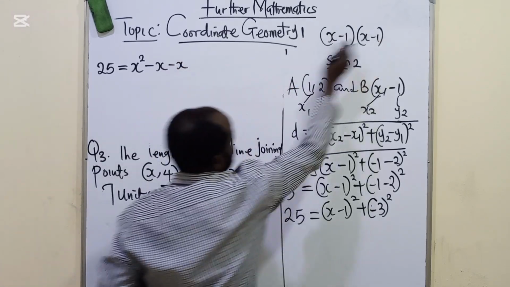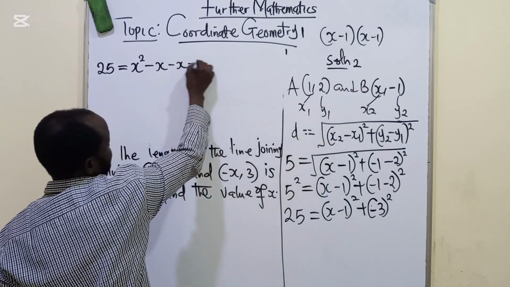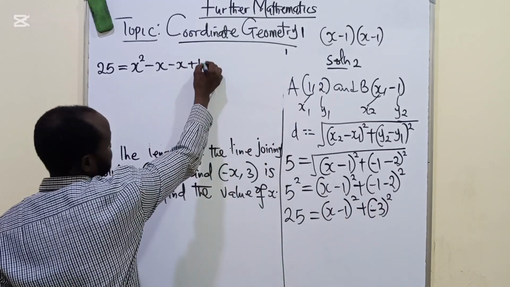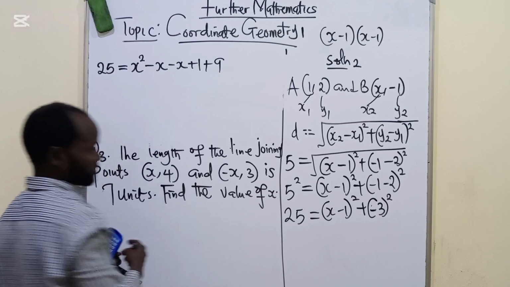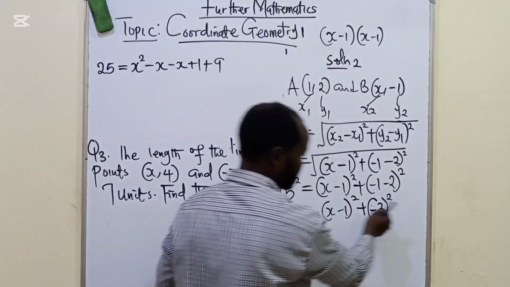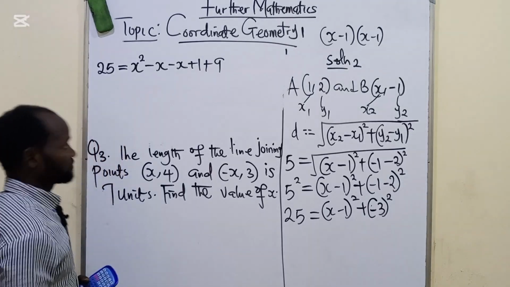Then -1 times -1 is plus 1. Then we have (-3) all squared, which is 3 times 3, which is 9. Since the power is even, we have a positive result.